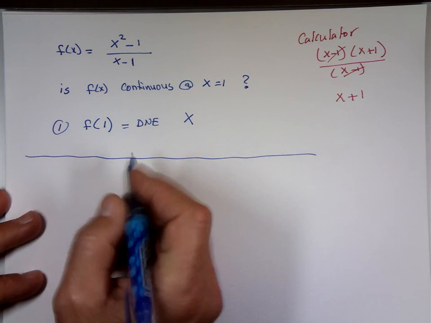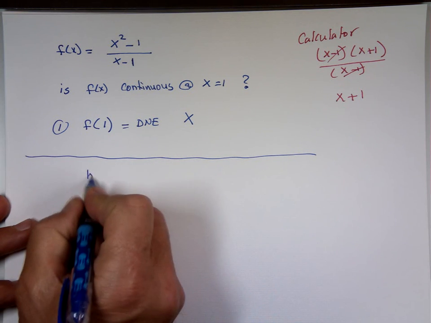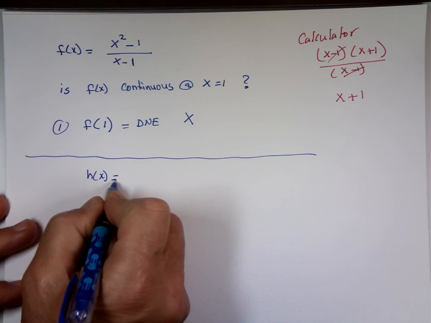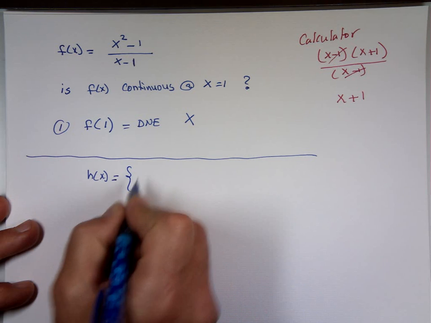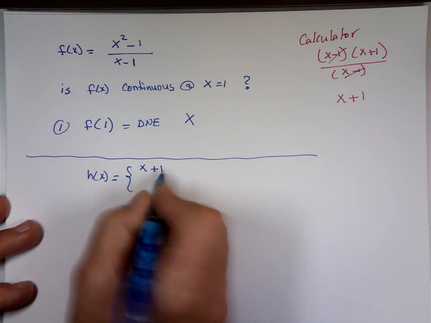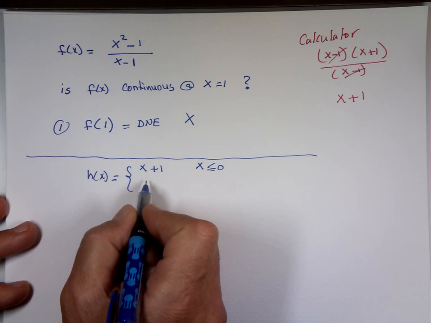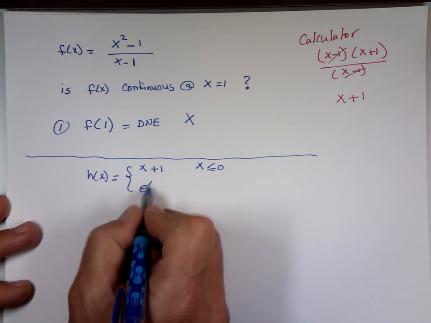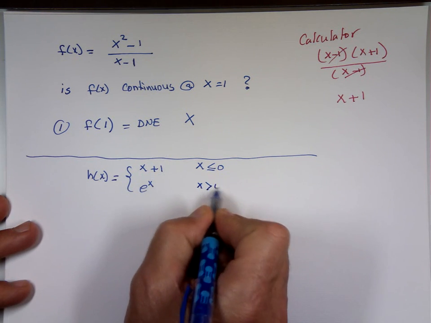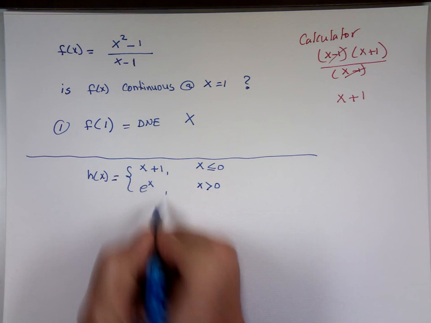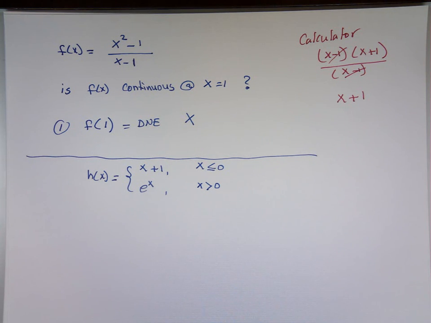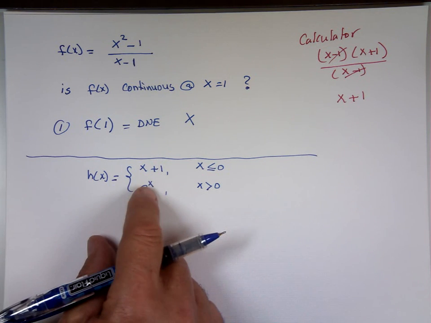What about this one? Now again, this is a straight line, and this is e to the x.